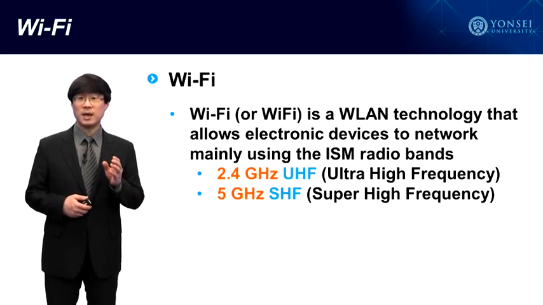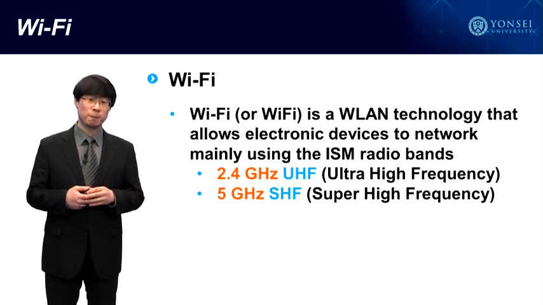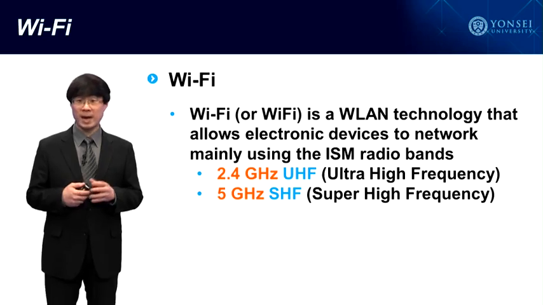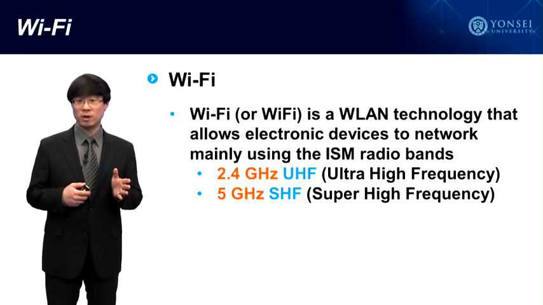Wi-Fi is a wireless LAN technology that allows electronic devices to network together using the ISM radio band. We will talk a little bit more about ISM radio bands later, but the frequency bands that I'm talking about are typically the 2.4 gigahertz UHF band and the 5 gigahertz SHF band.